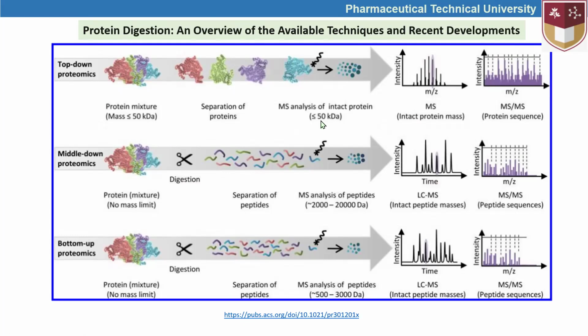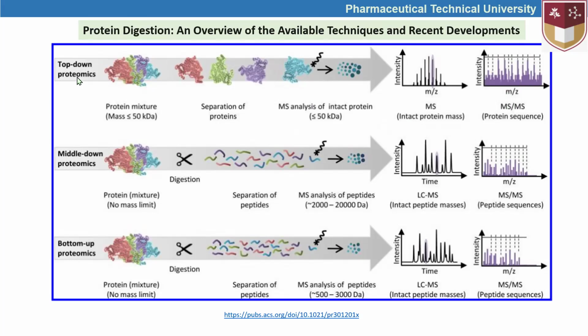In this approach, proteins in a mixture can be first separated, and then without any kind of digestion by using some enzymes, they can be subjected to mass spectral analysis. Here we can see mass spectral analysis, and further MS/MS analysis can be carried out in order to have more accurate results.